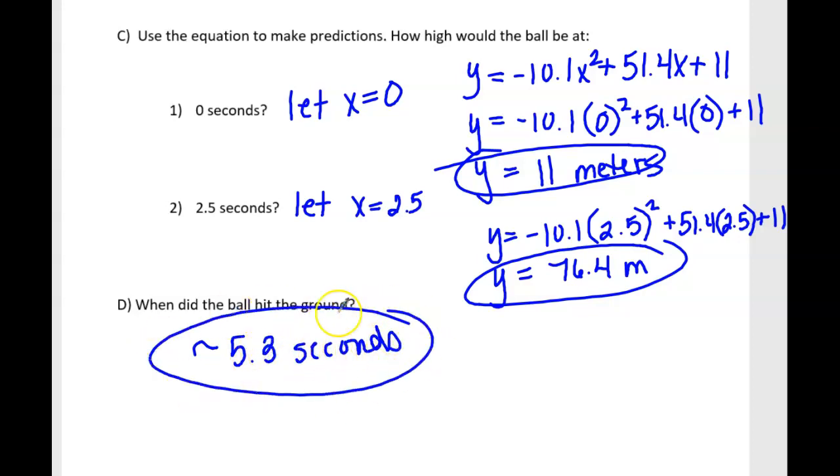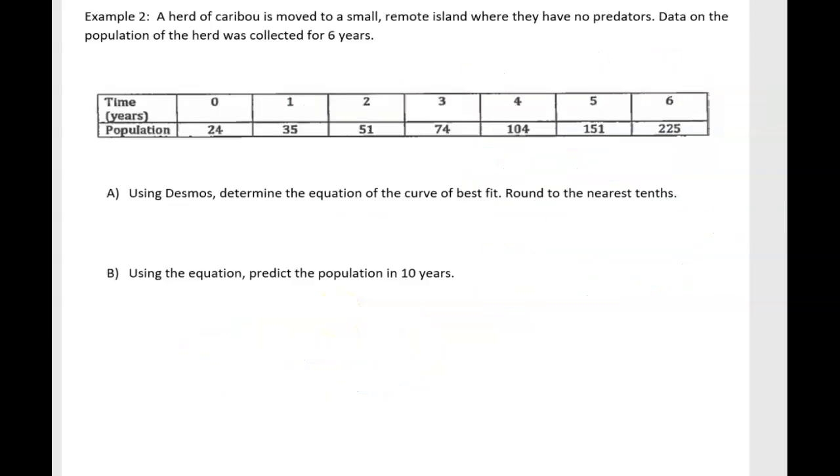Okay, so that was using Desmos. So I want you to, again, use Desmos with the following examples. Go back to the answer key and see how you did. So curve of best fit, remember it's y1 tilde ax1 squared plus bx1 plus c.